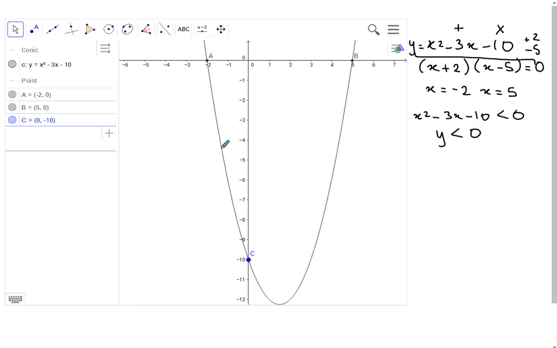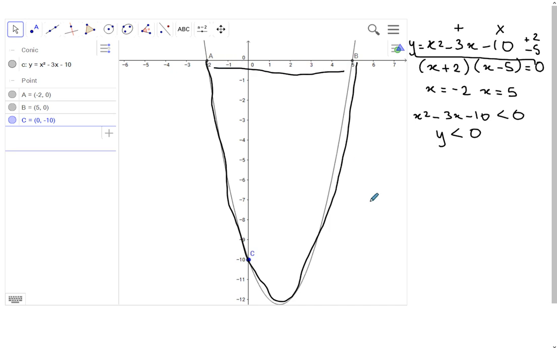And you can tell when y is less than 0, it'll be that part of the curve. So you can tell that x would be anything between minus 2 and 5. Okay, so it's a range. So we write it as minus 2 is less than x is less than 5.